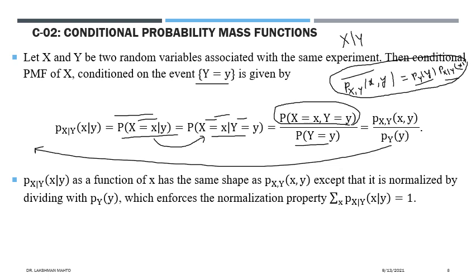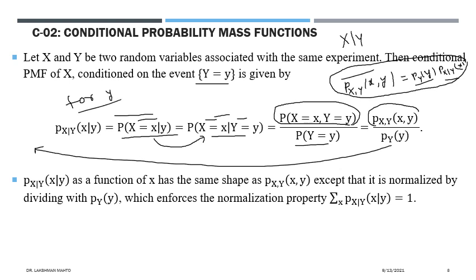Here you can say that the conditional probability mass function as a function of x has the same shape as the joint probability mass function. Why? Because for this we are calculating for each x, and for each x we are calculating for each y. That y, the second random variable, is being observed, that means we are fixing y.